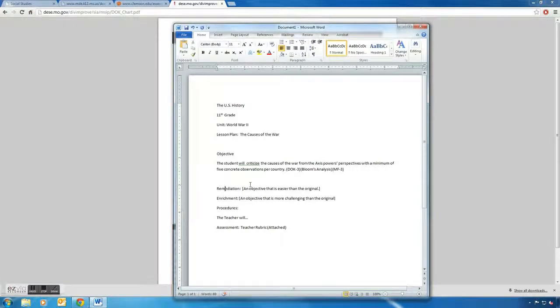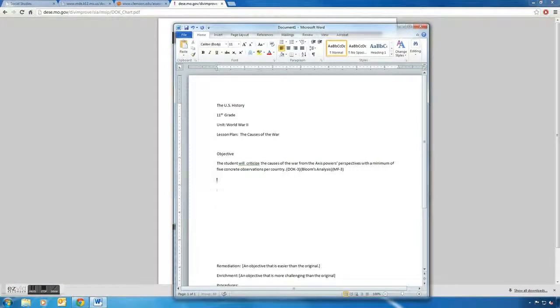So, not to make this complicated, when you're writing an objective, the student will find your verb, then put your content in, and then put your level of mastery. Examples of levels of mastery: at a minimum of 70%.